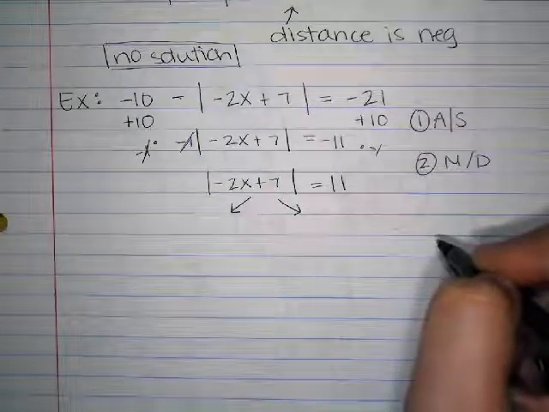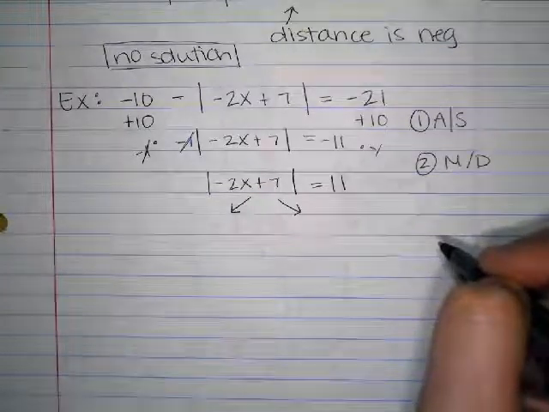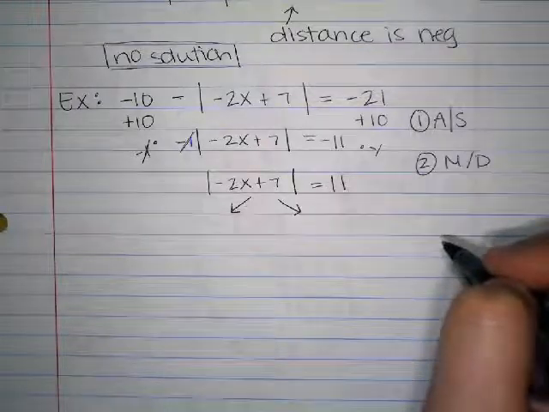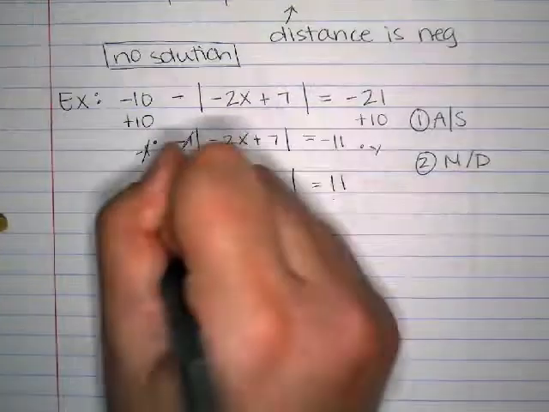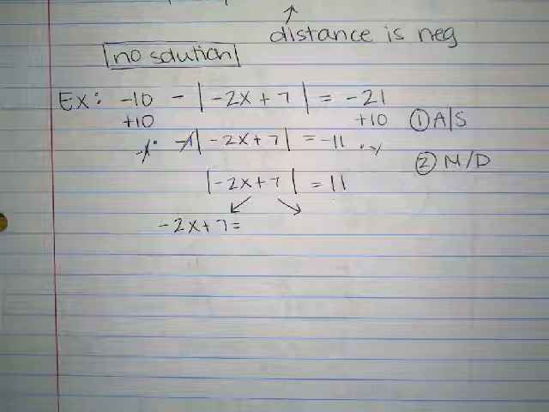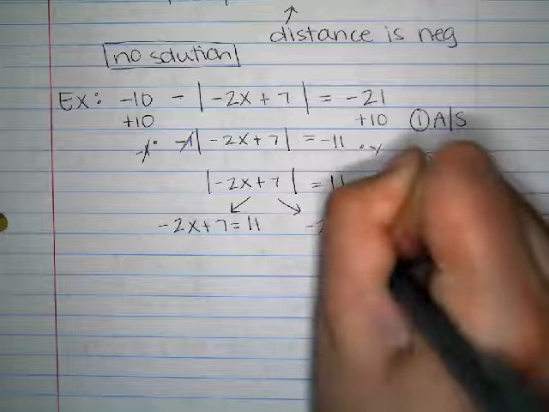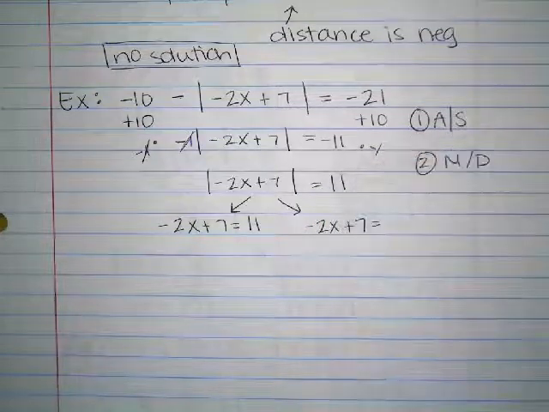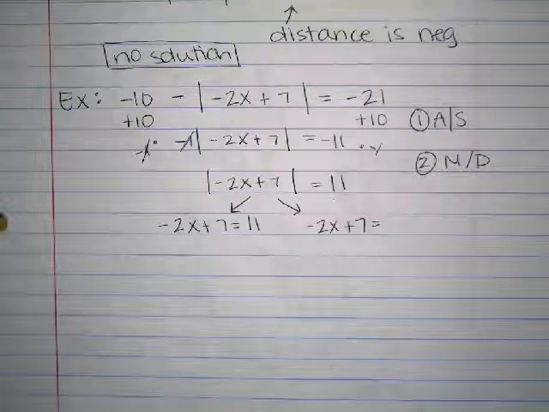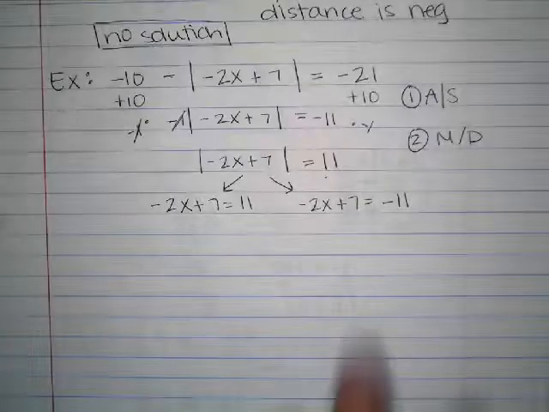So what do we have for our two equations? And then what else do we have? So equals positive 11, equals negative 11. And then I want you to go ahead and solve both of those equations so you can tell me what the x equals.